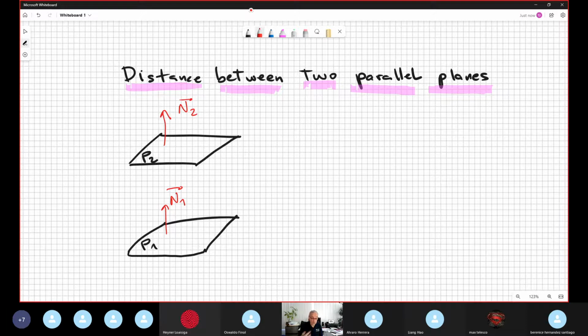And the equation for this plane is ax plus by plus cz equal d2. And the equation for this plane is similar. Well, not exactly. It's ax plus by plus cz equal d1. Actually, not necessarily the same coefficients, but proportional.